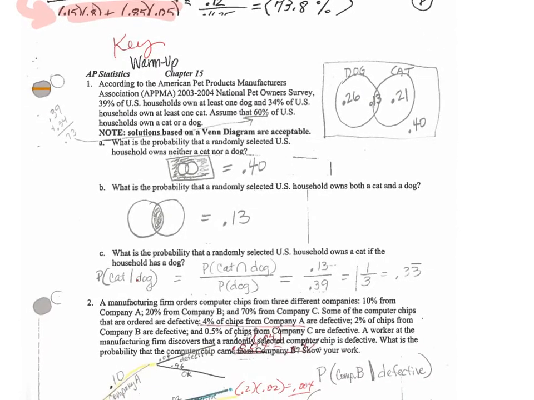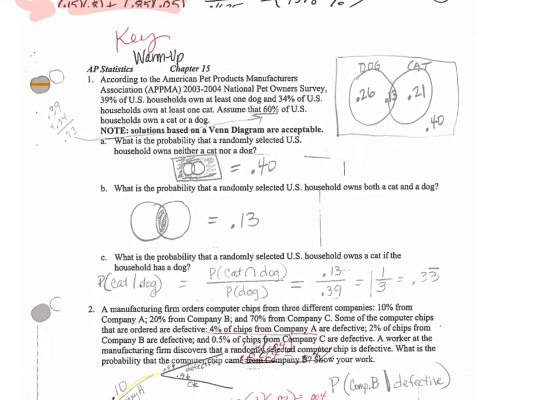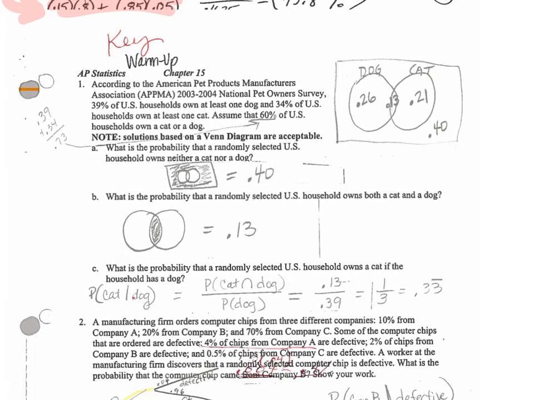All right, now to the warm-up. Yesterday in class, we talked very carefully about this Venn diagram because this dog piece was 0.39 and the entire cat circle was 0.34. Remember that the problem said the dogs plus the cats should total up to 60%.